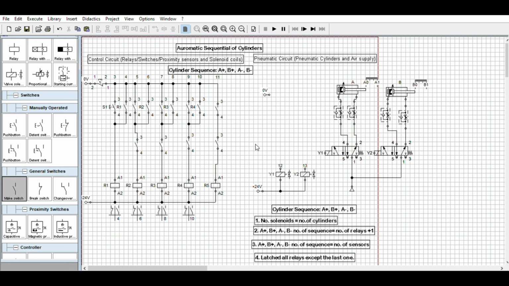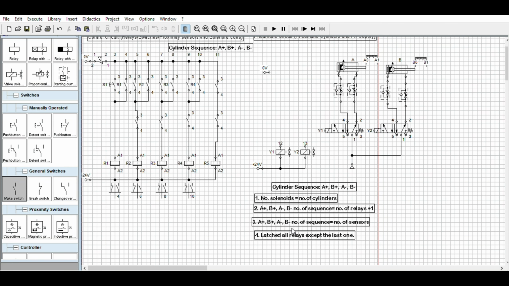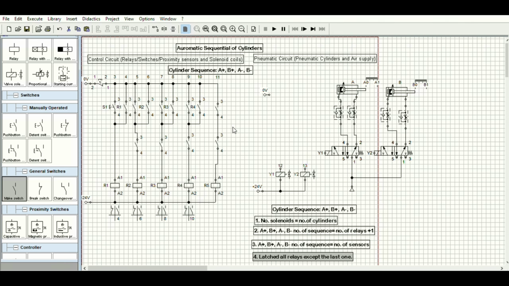Okay, you can use the principle of semi-automatic sequential. So if this one is turning on, that is on, that sensor will turn on, that on, this one, this one, this one, this one. Okay.